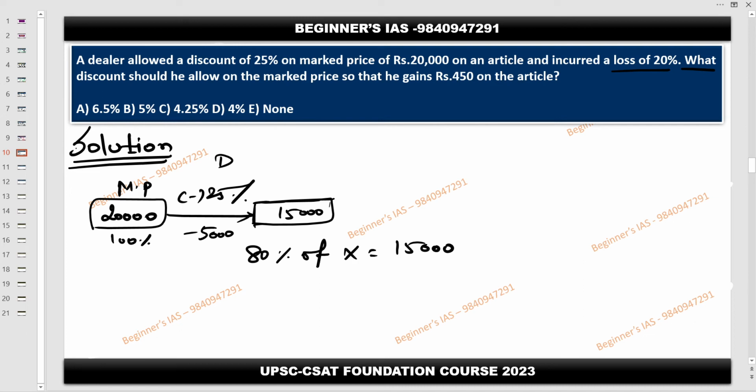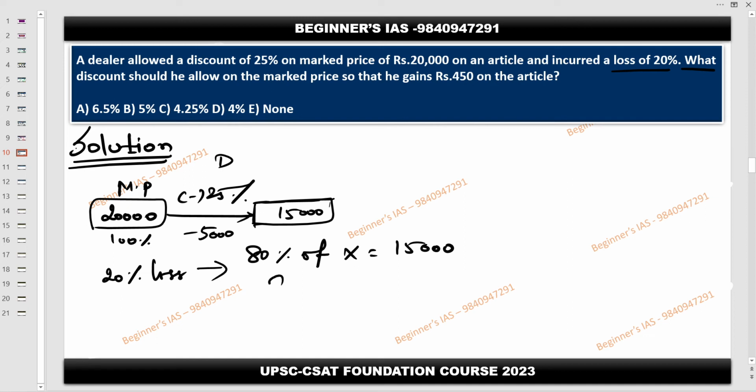Understood? Yes or no? 20% loss implies obviously he is selling 80% of something. That money is nothing but the selling price.